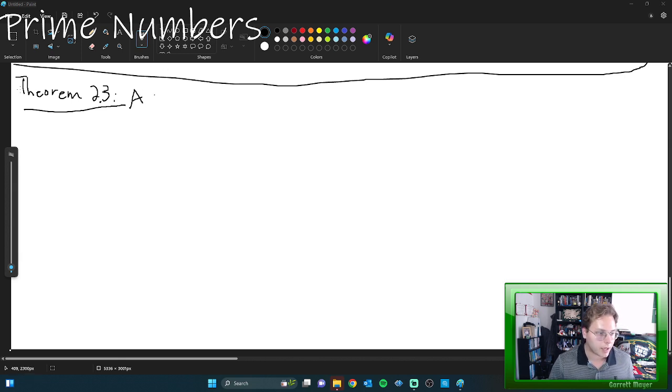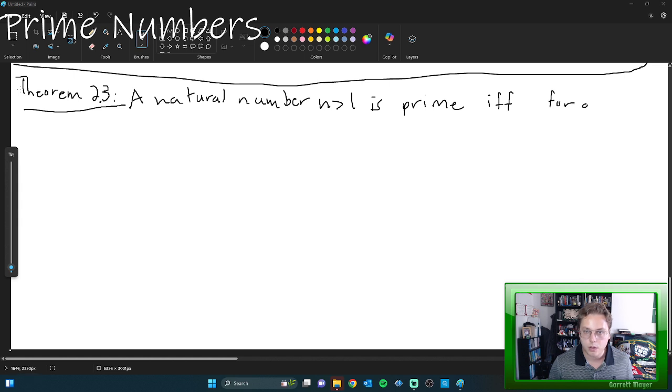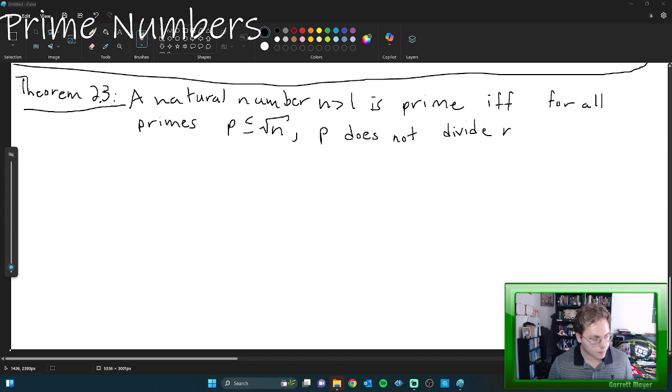So we're going to prove here that a natural number n greater than 1 is prime if and only if for all primes p less than or equal to square root of n, p does not divide n.